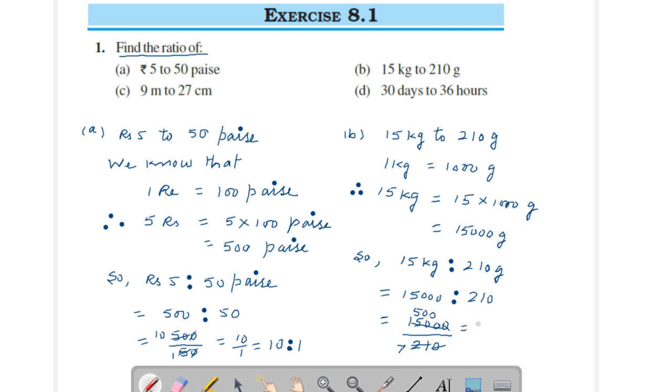This can be written as 500 upon 7. In ratio form, we can write it as 500:7. This is your answer.